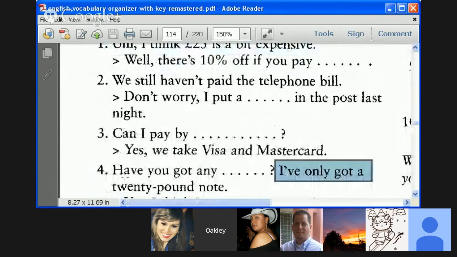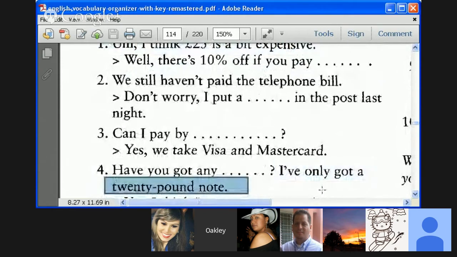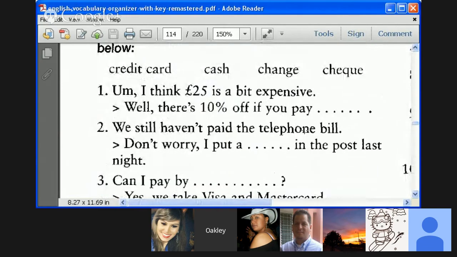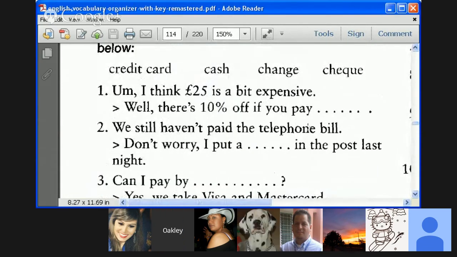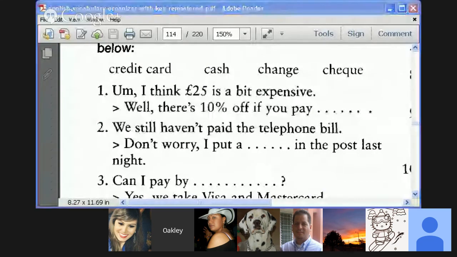I've only got a 20-pound note, so he has a large bill or a large note. So he wants some smaller money. He wants smaller denominations. All right, denominations are like $5, $10, $20 bill.